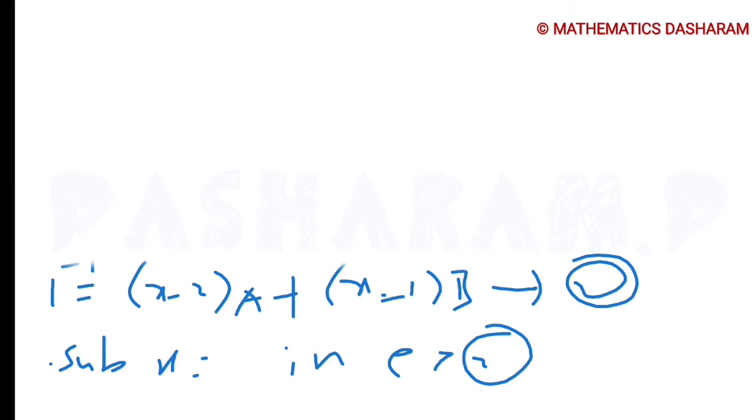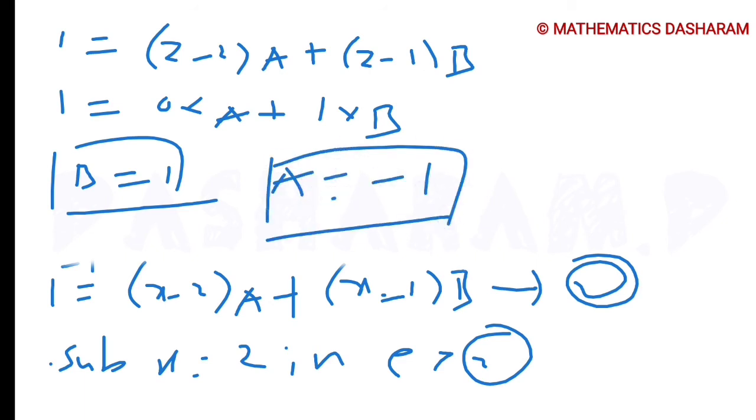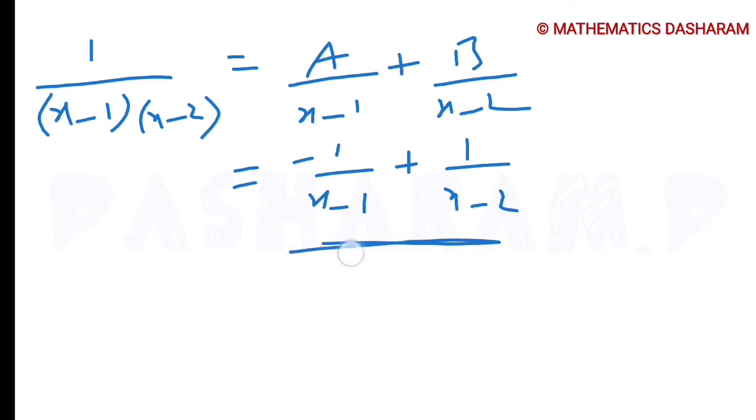So now substitute x equals 2 in equation 2 and the b value is 1. So substitute the a value -1 and the b value 1 in equation 1. So the a value is -1 divided by (x - 1) plus the b value is 1 divided by (x - 2). So no further simplification. So it is resolved into partial fractions.